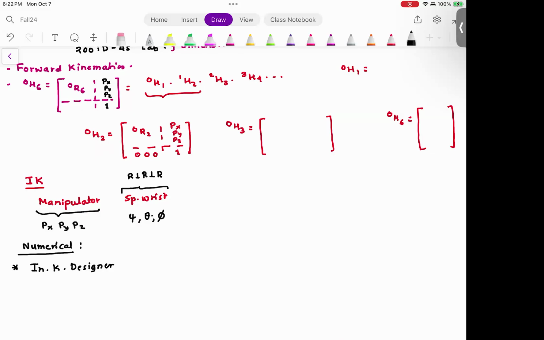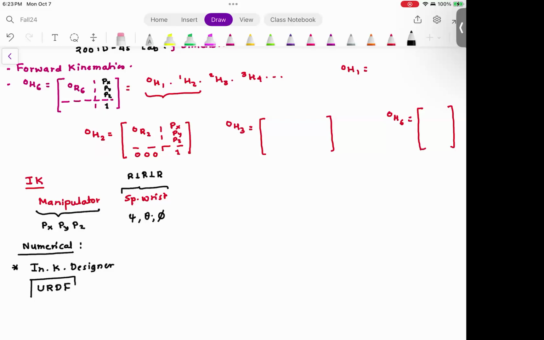Now here is what you do. Inverse Kinematic Designer needs the robot configuration tree. That is called the URDF file, which stands for Universal Robot Description Format. This URDF file contains all the kinematic information about the robot.